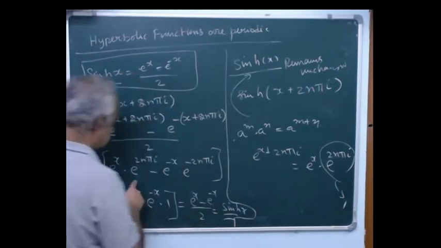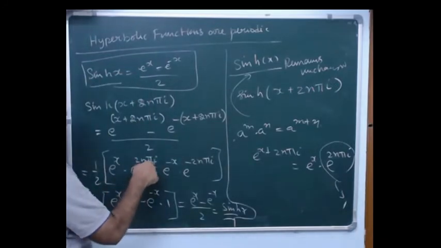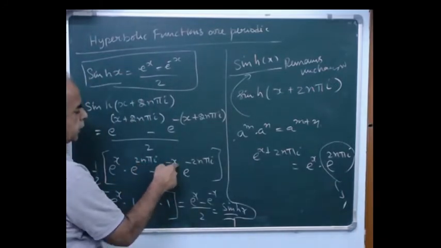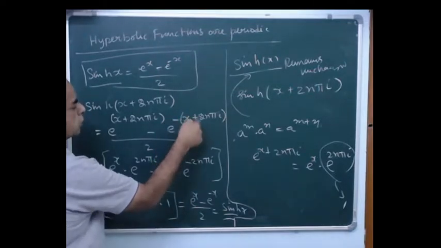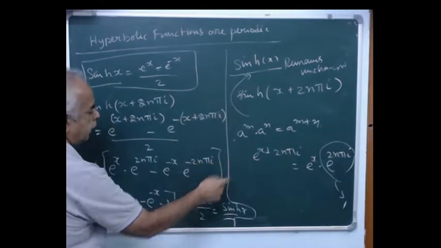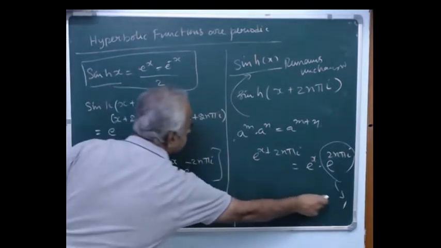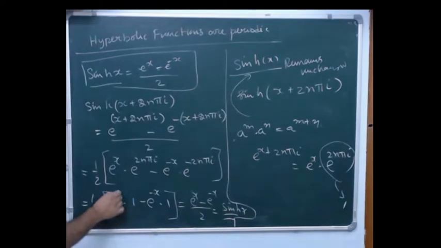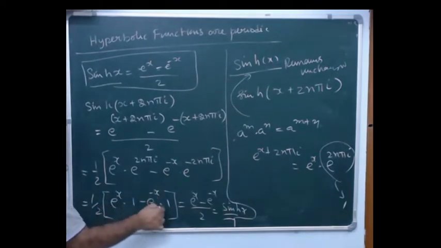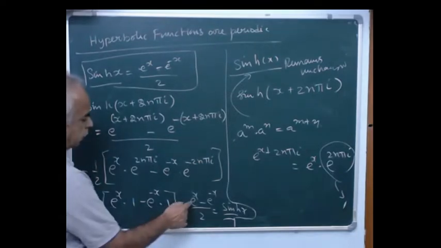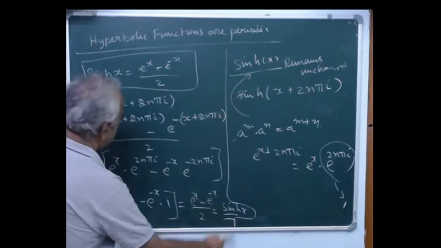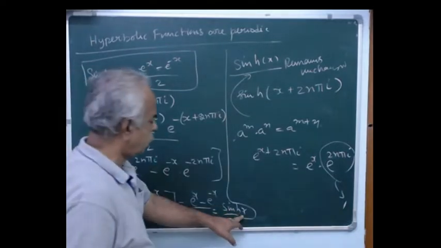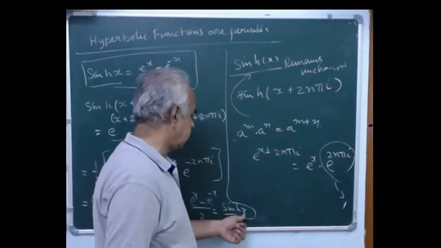Therefore e^x into e^(2nπi) minus e^-x into, in the same way, minus of plus and minus, so e^(-2nπi), and this term we already declared is 1. Therefore e^x into 1 minus e^-x into 1, and we have this 2. So (e^x - e^-x) divided by 2 is equal to sinh x, that is the hyperbolic sine function.